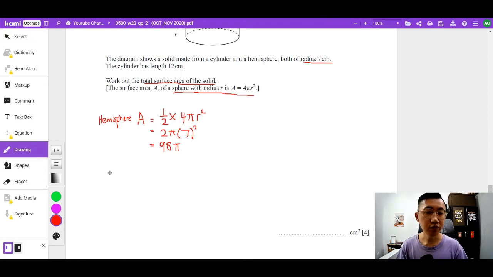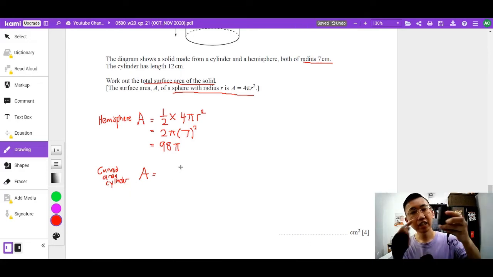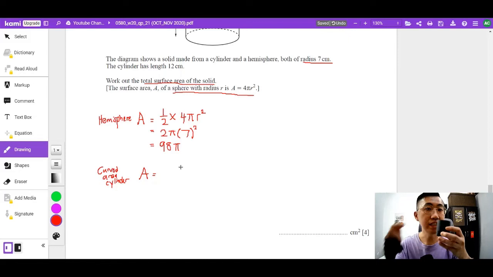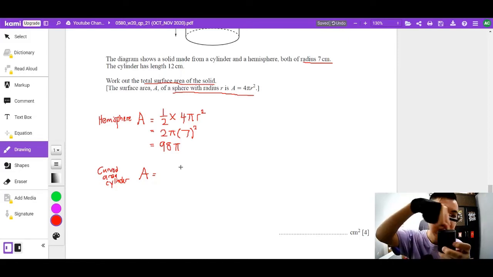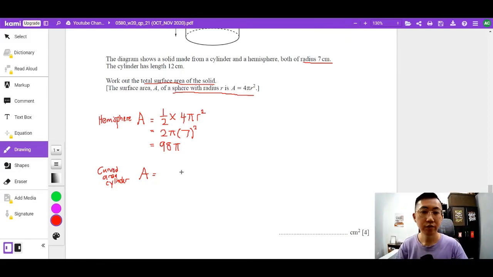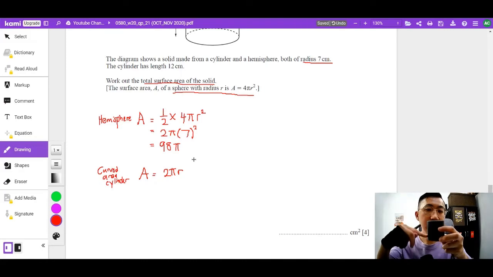Next part, we need to find the curved area of the cylinder. This one you need to memorize the formula a little bit. Basically, the curved area of a cylinder is like the circumference, 2 pi r, and then it has to include the height, so just add another height here.